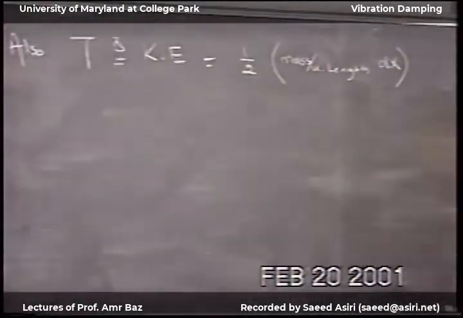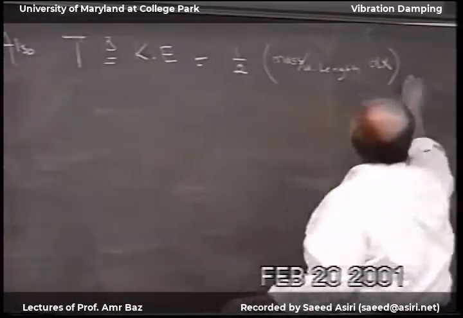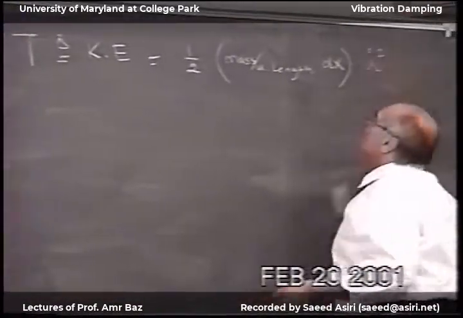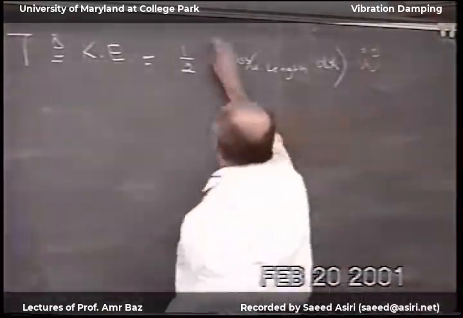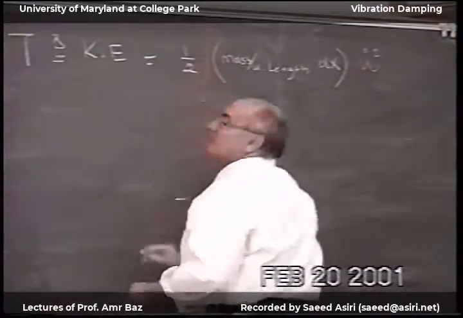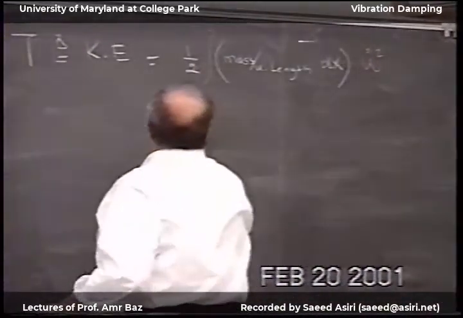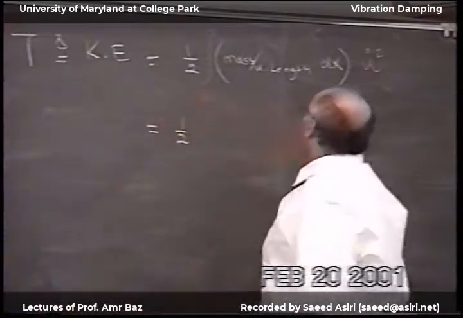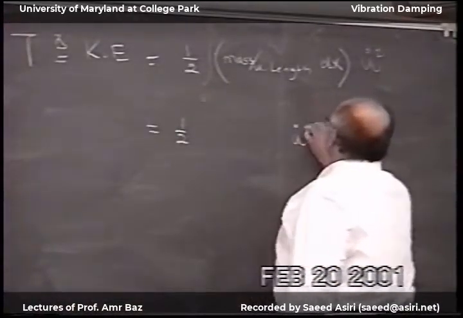This will be the infinitesimal mass times the velocity squared, u dot squared. For the entire rod, I'll integrate from 0 to L. Now let's write it down. So this will be 1/2 u dot squared.